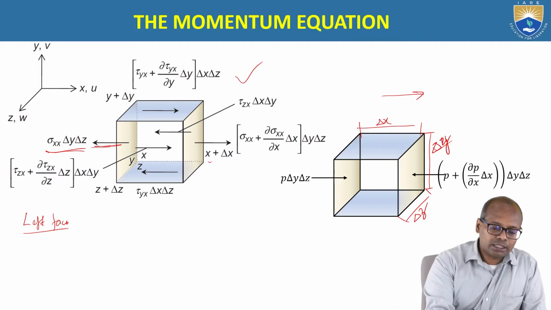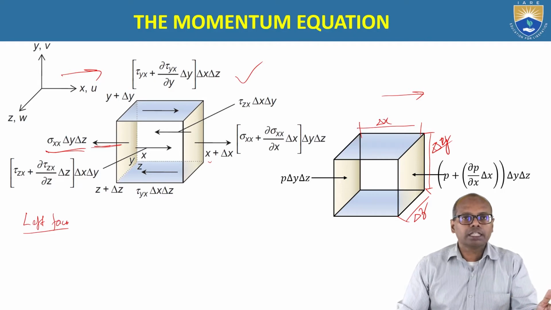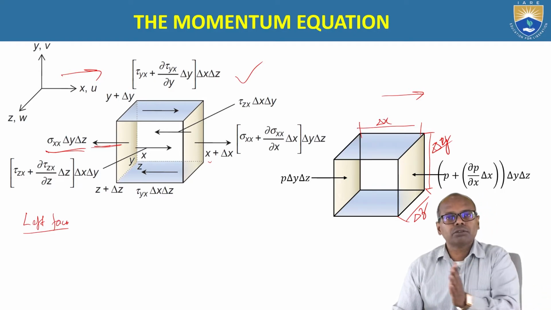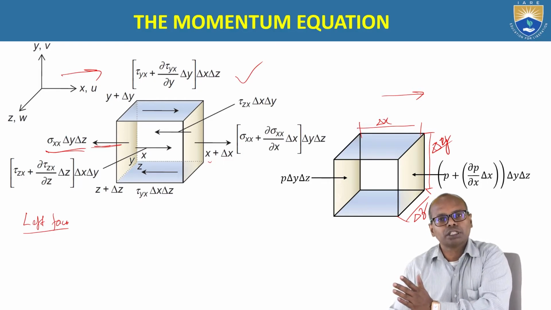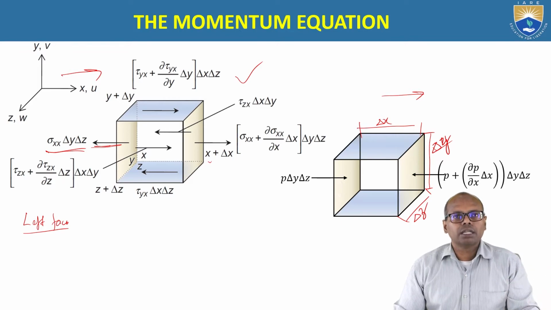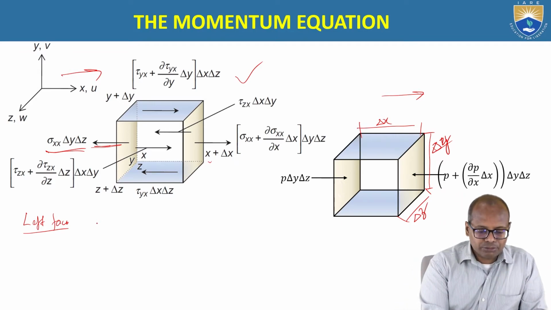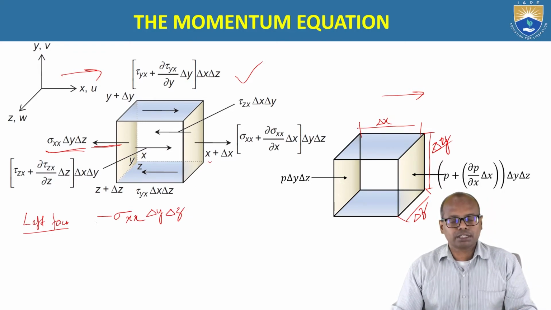But here it is acting in the negative direction. So this is the positive x direction and this is the negative x direction. The forces acting in the positive x direction are considered positive, and the forces acting in the negative direction are considered negative. So this can be written as minus sigma xx delta y delta z. This is for normal stress.